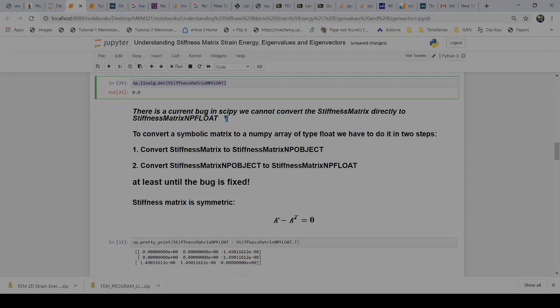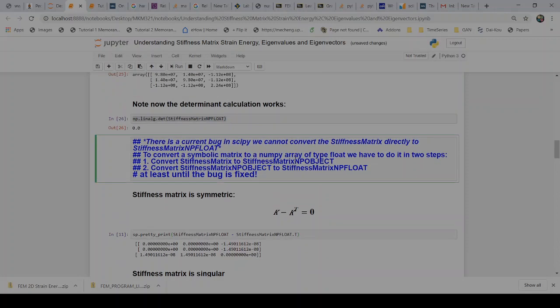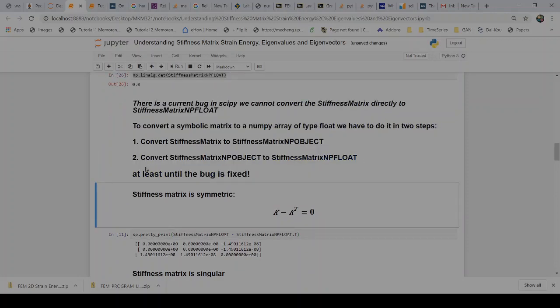In some versions of SciPy there might be an issue where you first have to convert the stiffness matrix to a NumPy object without the dtype specified, and then convert that object with dtype float to a float. Depending on what version you work with, this might be a bug.